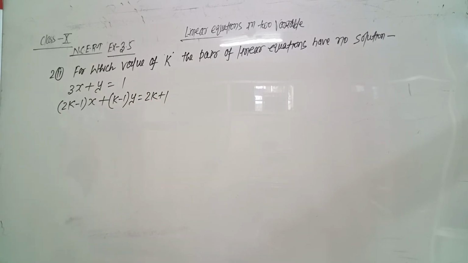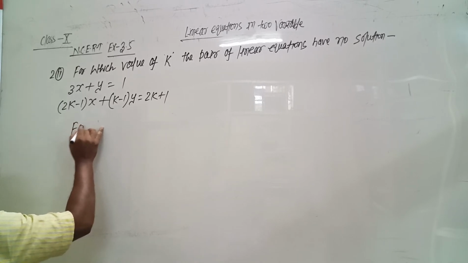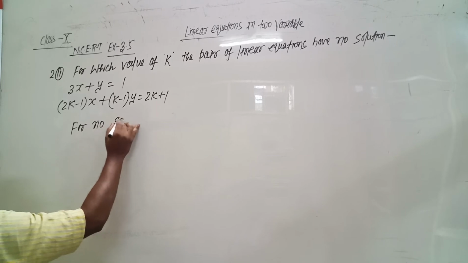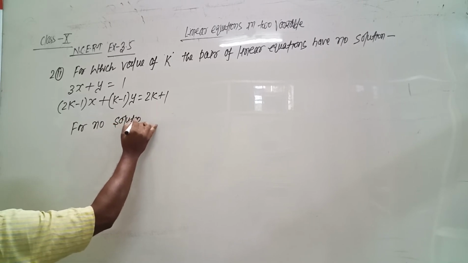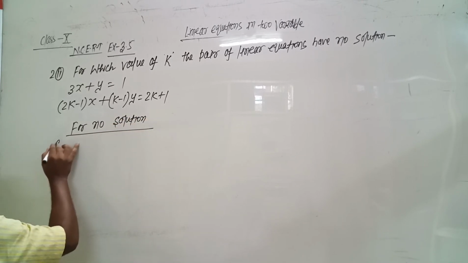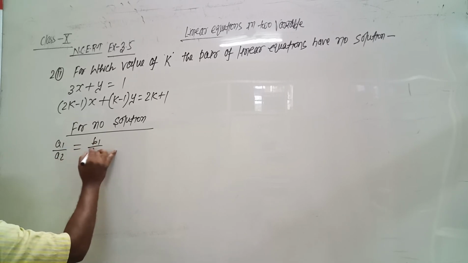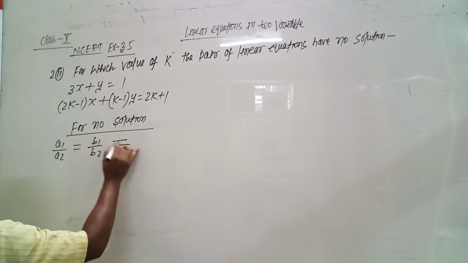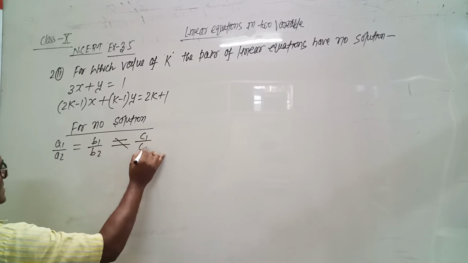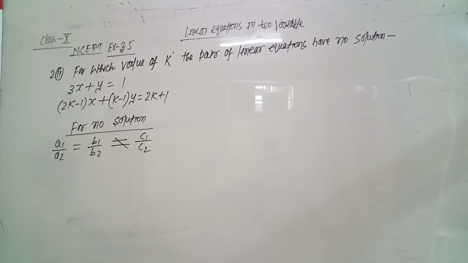So for no solution, we know the condition for no solution. The condition is a1 by a2 equals to b1 by b2 is not equals to c1 by c2. This is the condition for no solution.